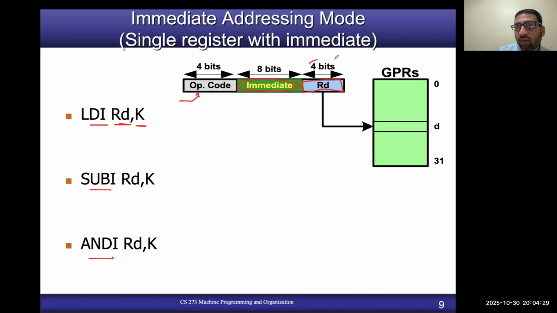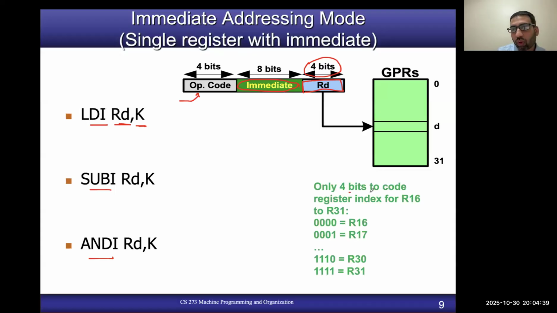So that's why you have 4 bits, for register numbers 16 to 31. Depending upon the value, it will select R16 or R17 or R18 up to R31. So only 4 bits to code the register index for R16 to R31. If all zeros, R16 will be selected. If 0001, then R17 will be selected. If all ones, then R31 will be selected.